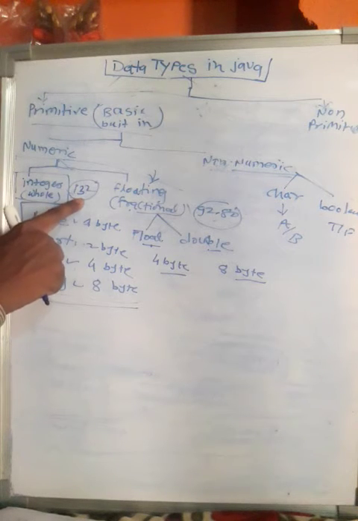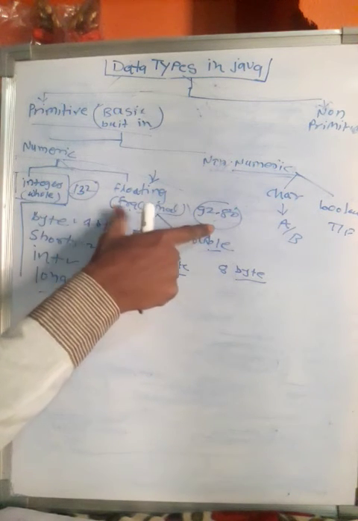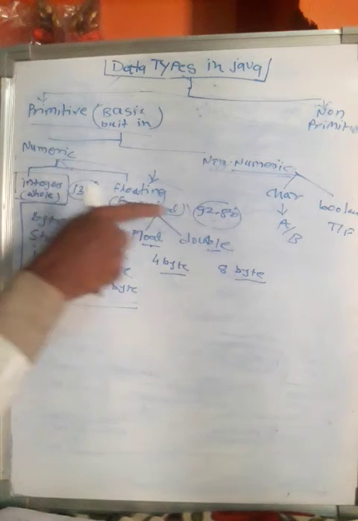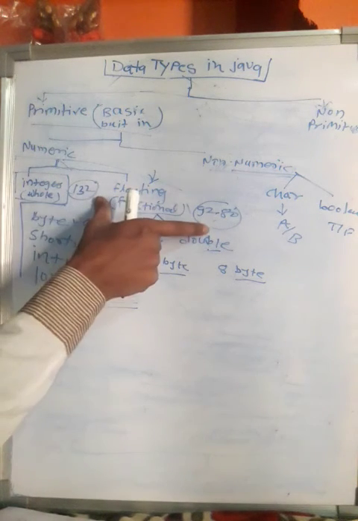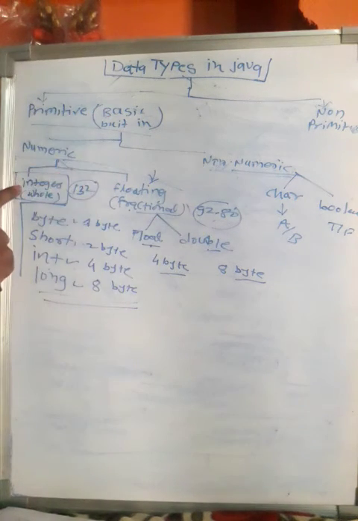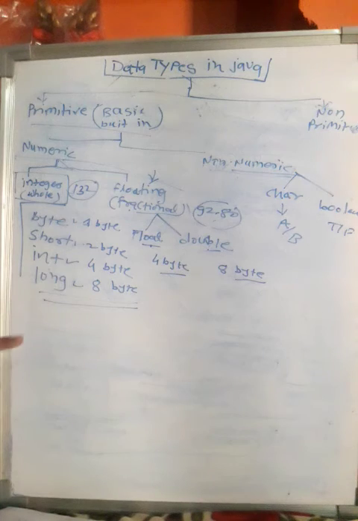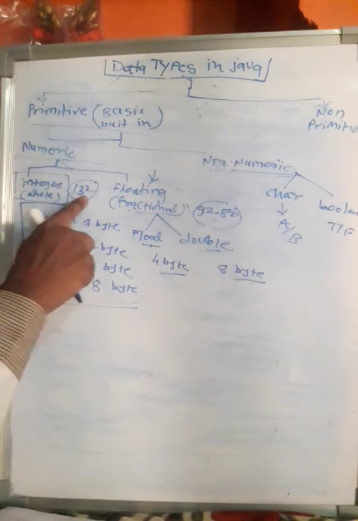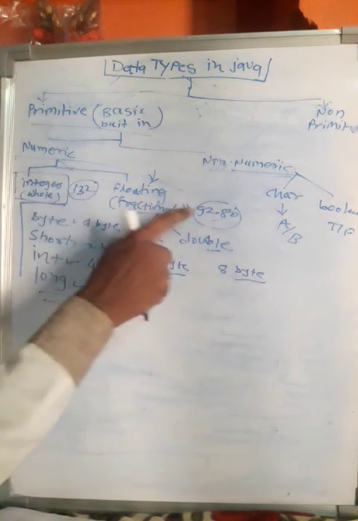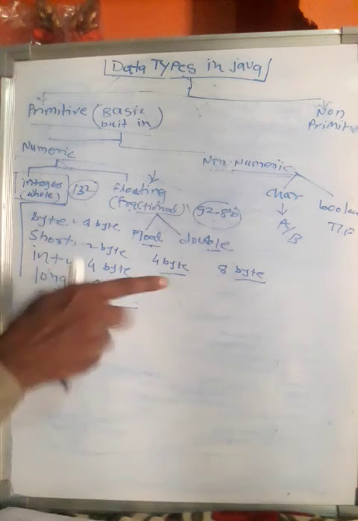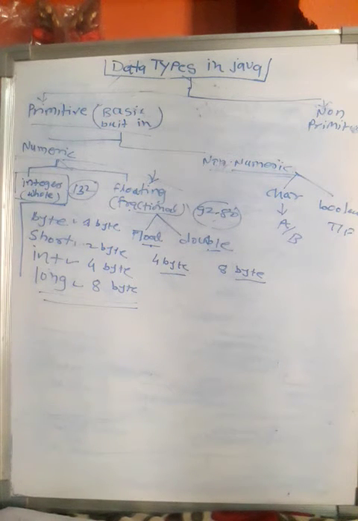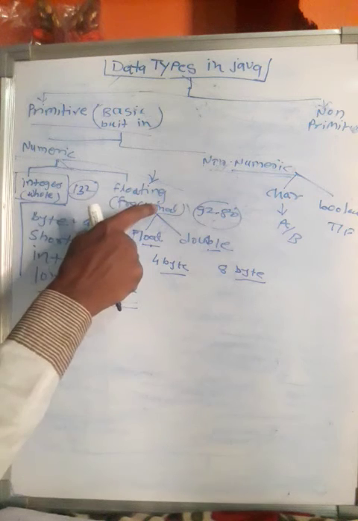Integer value or floating point value both belong to numeric, because these are numeric values. It does not matter whether it is short, byte, long, float or double, both belong to numeric because they are numeric values.